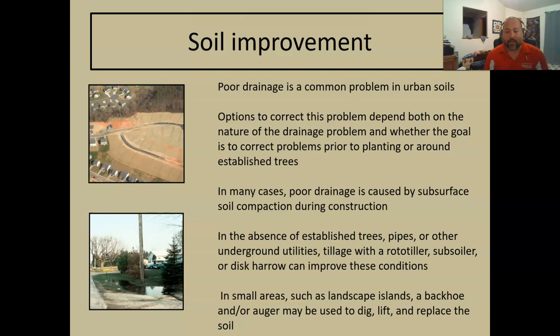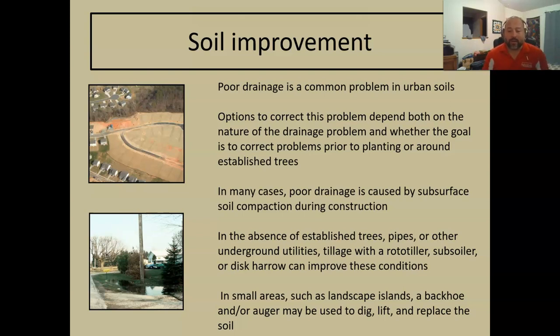In many cases, your poor drainage is going to be caused by subsurface soil compaction during construction. In the absence of established trees, pipes, or other underground utilities, tillage with a rototiller, subsoiler, or disc harrow can improve these conditions, because you're basically going to open up pore space and get the soil to clod up, making artificial soil aggregates, and then that will open up the pore space again.